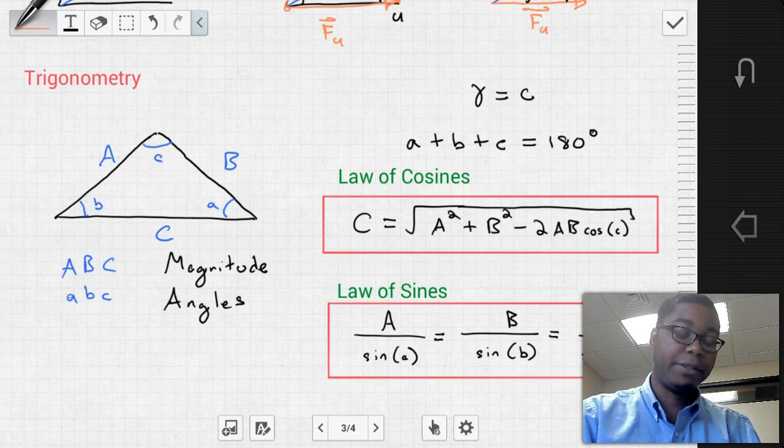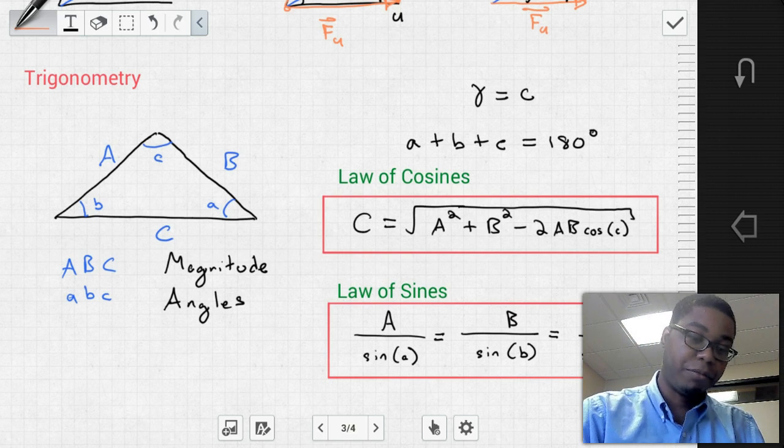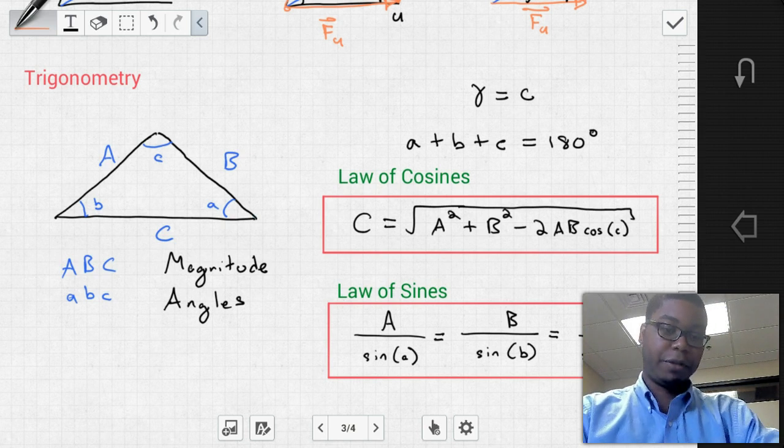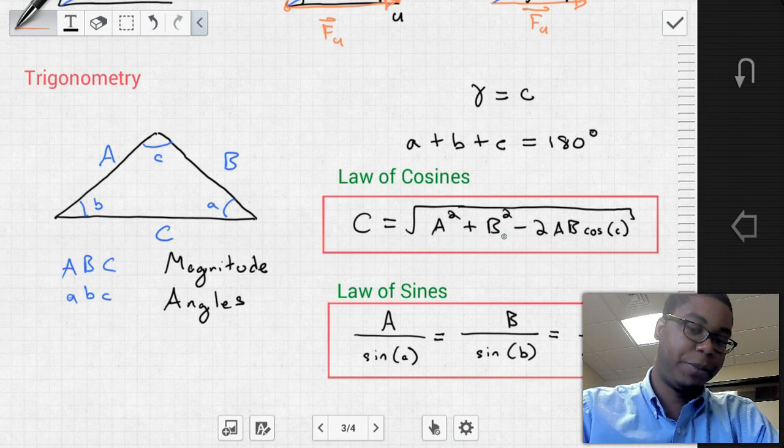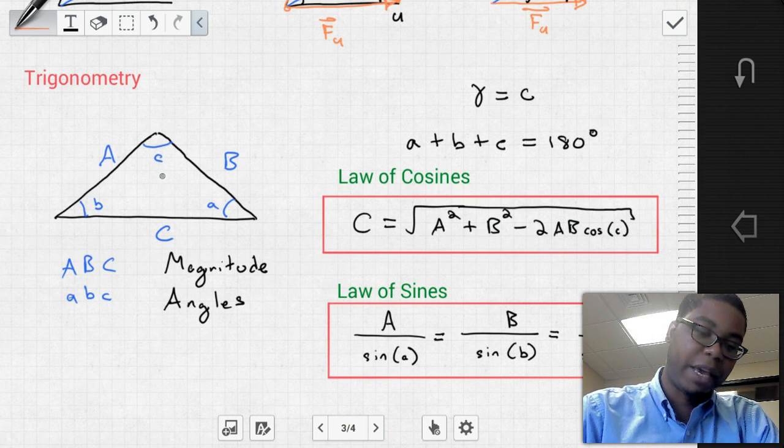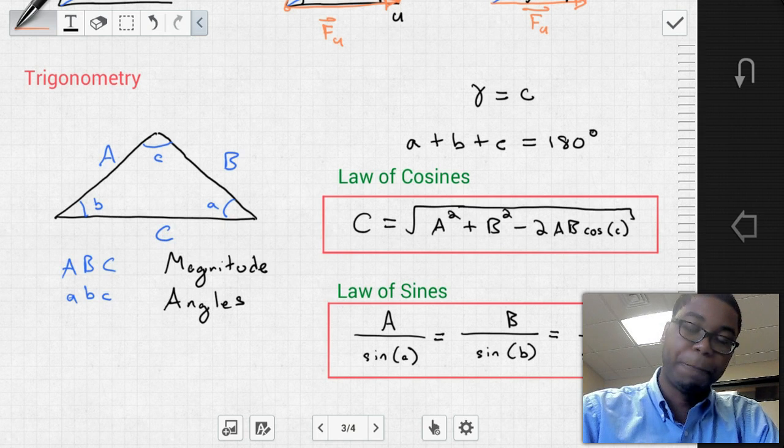The law of cosines is C, which is the larger length of the triangle, is equal to the square root of a squared plus b squared minus 2ab cosine of c, where c is the angle that is opposite the large side of the triangle.